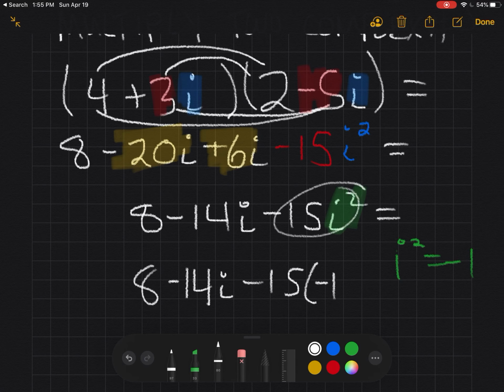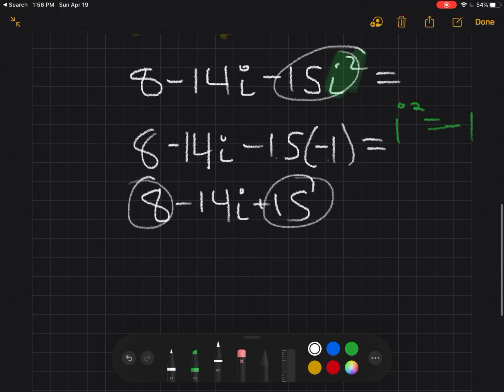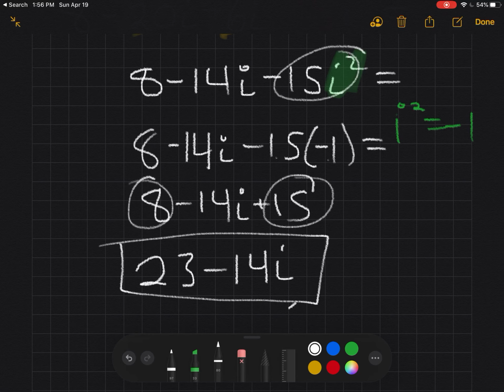Let's use green. i squared is negative 1. So when we simplify this, what we get is 8 minus 14i minus 15 times negative 1. So now I have a negative times a negative, which will give me positive.